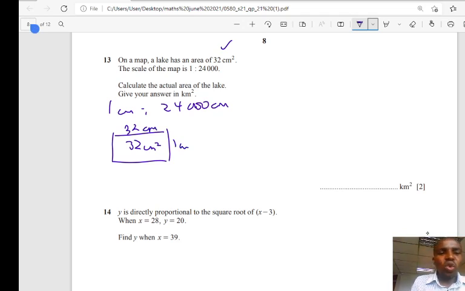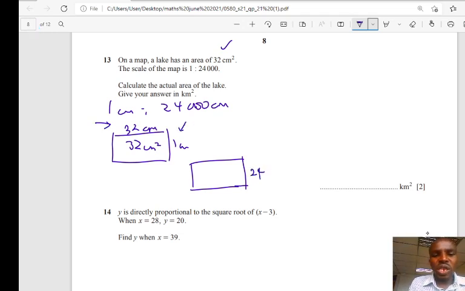Then now you can draw another rectangle here, but this rectangle has units on the ground, actual. If you convert this 1 centimeter to actual, 1 centimeter is 24,000, so this one is 24,000 centimeters actual on the ground.